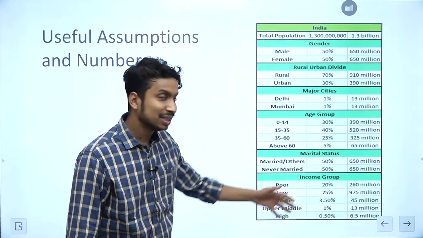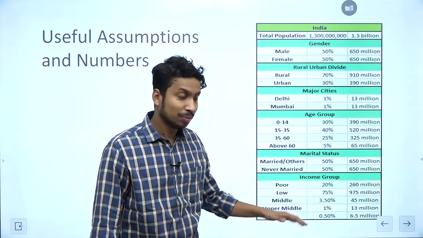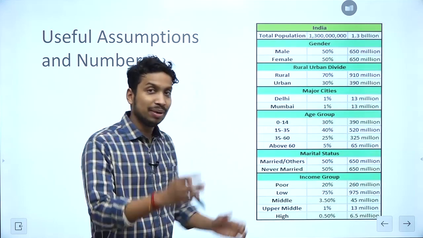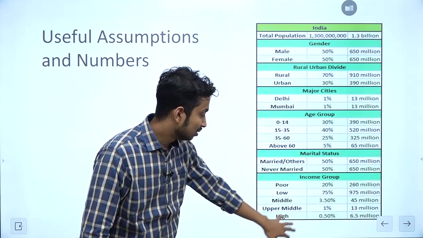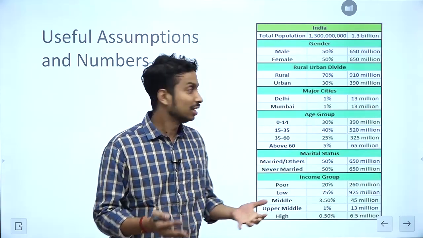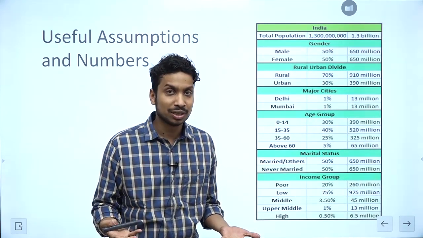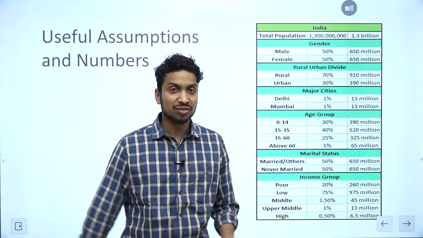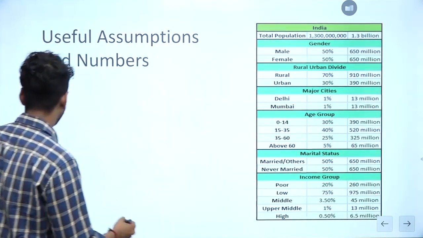The poor are basically below the poverty line. These three can be considered lower middle, and upper middle can be considered middle class, and high will be the extreme case, the extreme rich. When the guesstimate is about a very luxurious product, this filter can help you exclude the majority of the population.